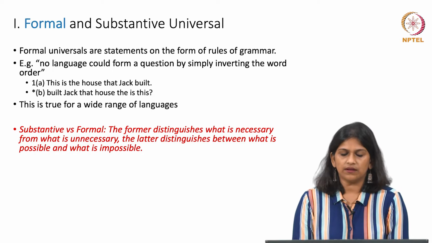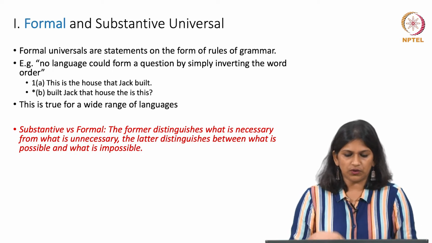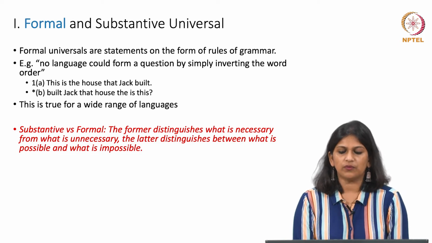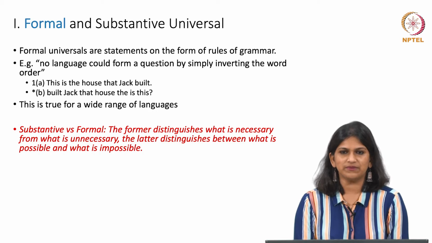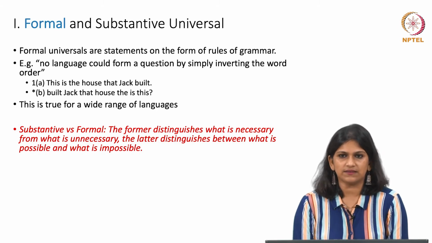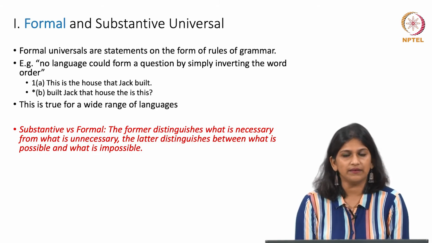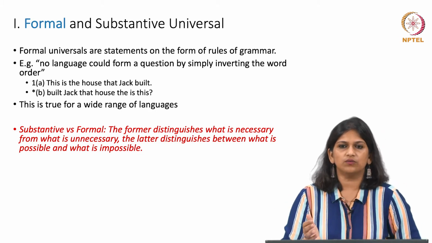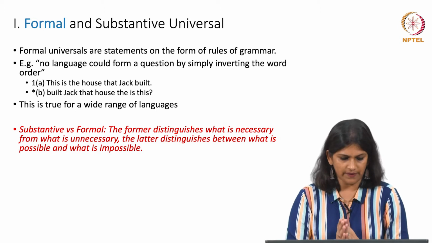For example, no language could form a question by simply inverting the word order. So, sometimes we do see certain languages using different kinds of pragmatic tactics or intonations, we might have the question forms, but just by reversing the word order, you cannot form a question.